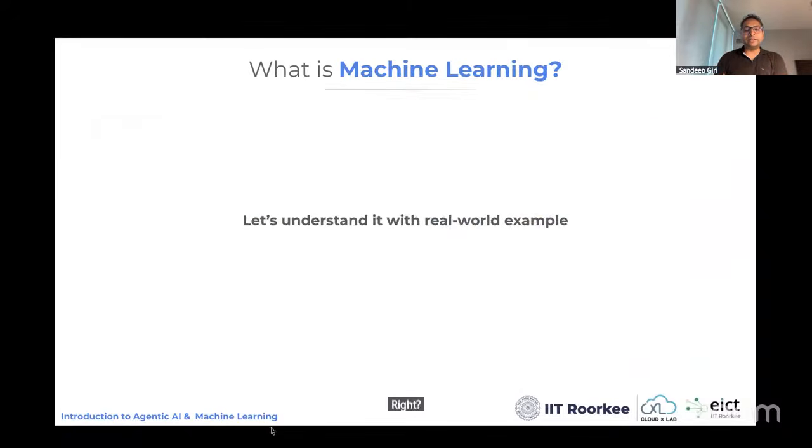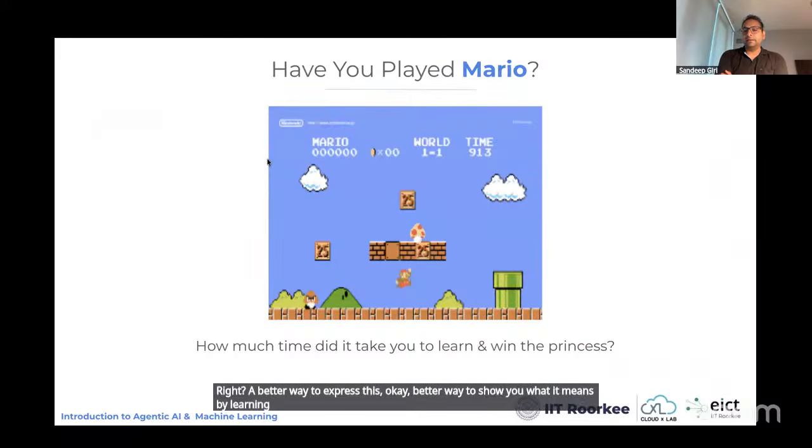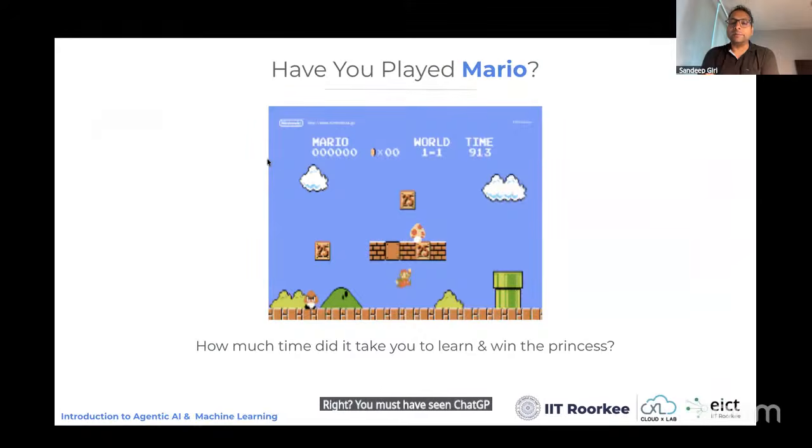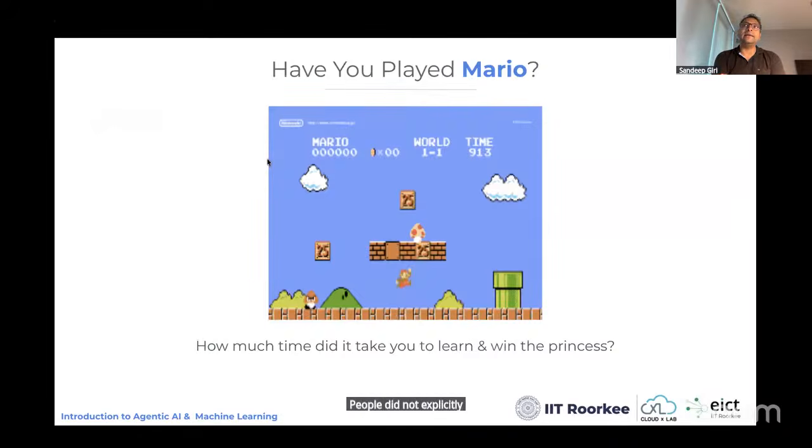A better way to show you what it means to learn from the data: you must have seen ChatGPT or any other LLM like Gemini. All of those things have learned from the data. People did not explicitly write that if someone says this, then say this.